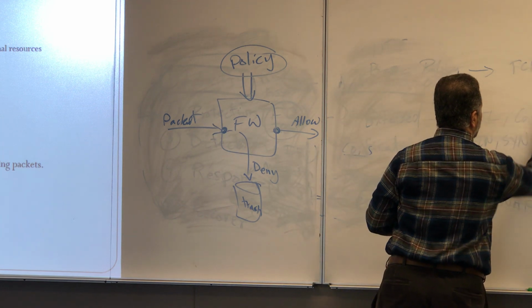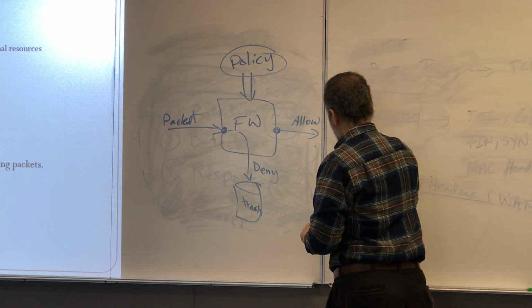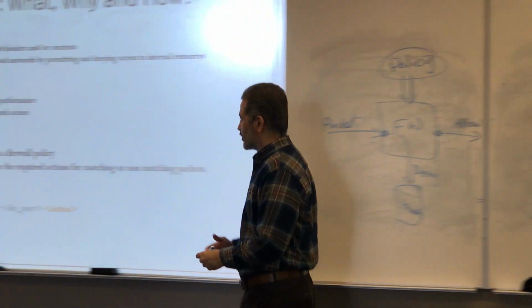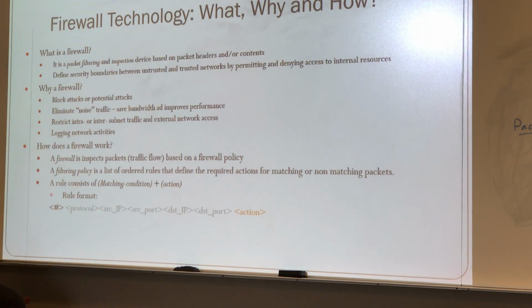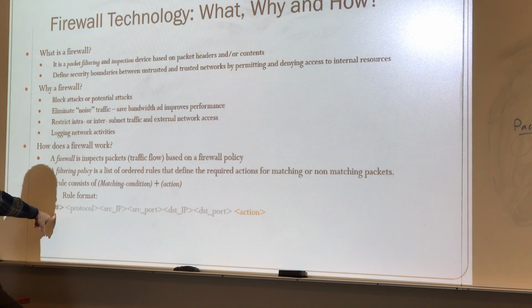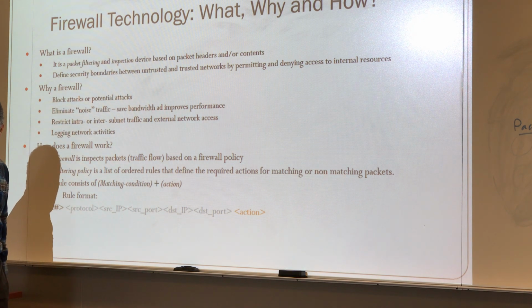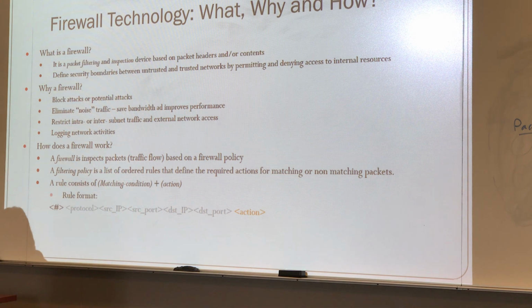The basic firewall has this rule here. The first field is the rule number. Do you have to have a rule number? Well, if you don't have a number, these rules will be numbered sequentially, based on their order.